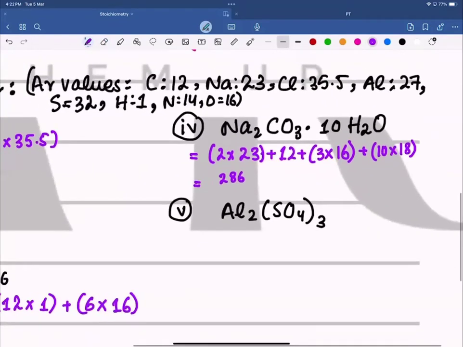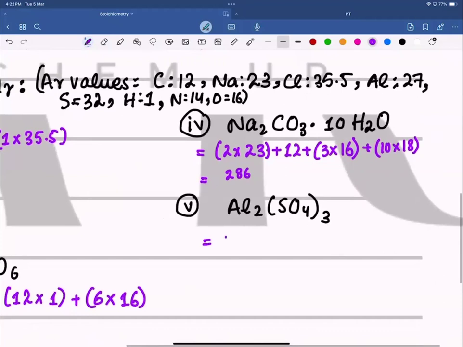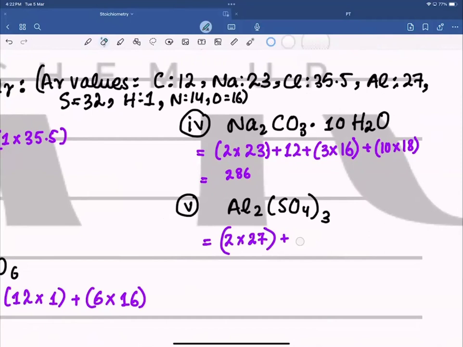Okay. Then for aluminium sulfate, there are 2 aluminiums. So 2 times 27. Okay, how many sulfur do we have? 1. So I can just write 32 as well. Its AR is 32. How many oxygens? No, it's not 1. There are 3. So see, outside the bracket 3 is written. So 3 sulfurs, so 3 times 32. And how many oxygens do we have? 12.